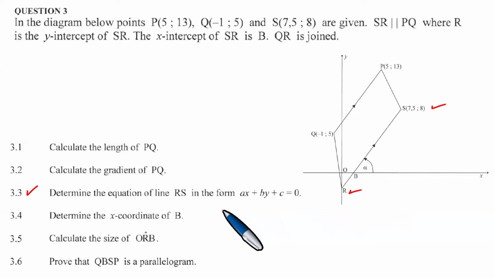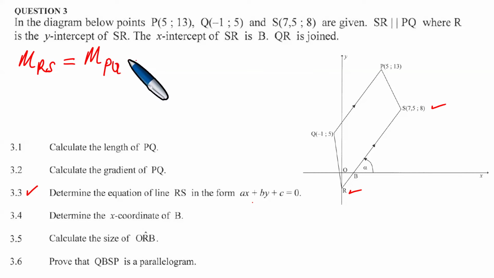To find the equation of a line in this form, we need the gradient of the line. This line has the point R as one of its points, but the coordinates of R are unknown. Therefore, take note that the gradient we want, the gradient of RS, is equal to the gradient of PQ.